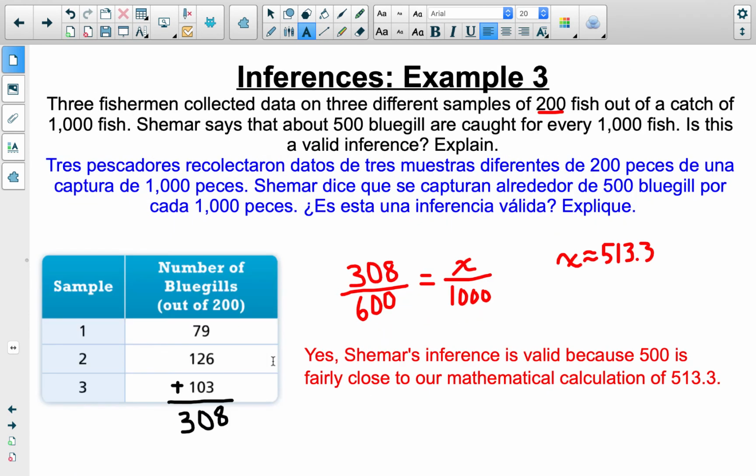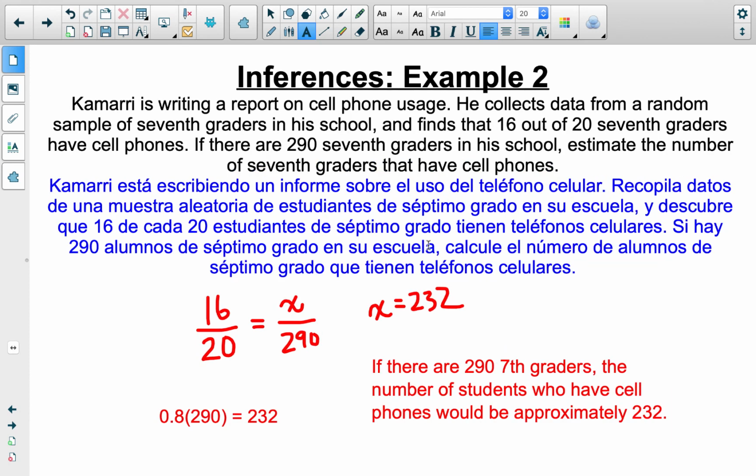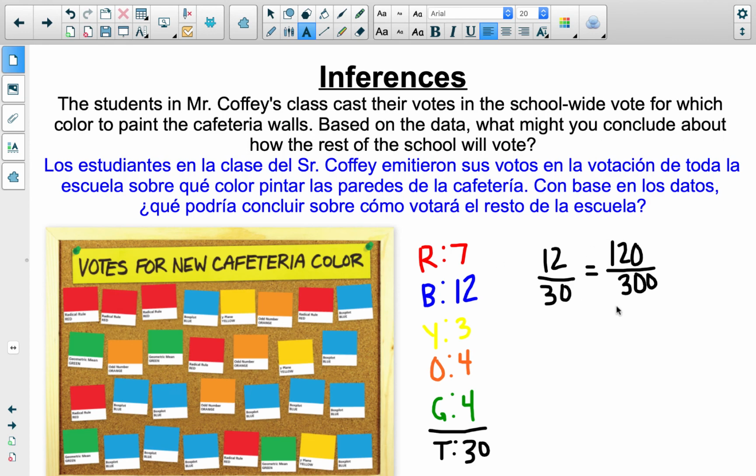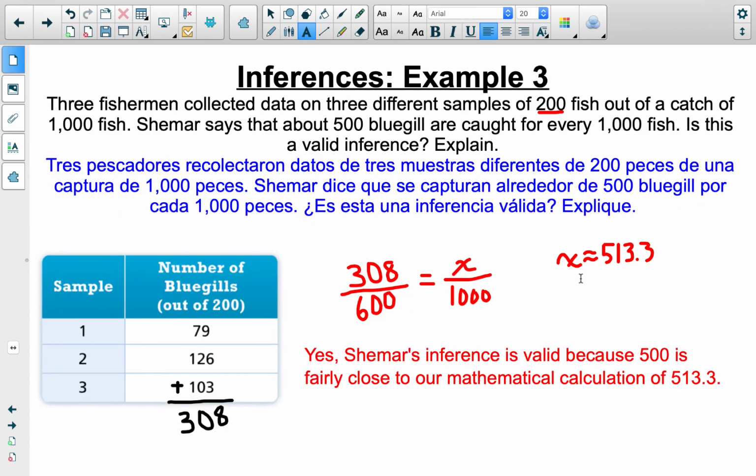So when you are making inferences, they're well-informed predictions based on data. And when you have enough information, you are using proportional reasoning, like we did for this example, in order to make as accurate predictions as possible.